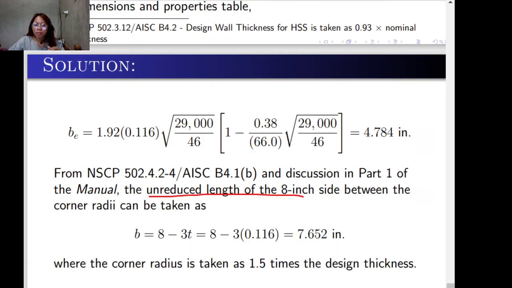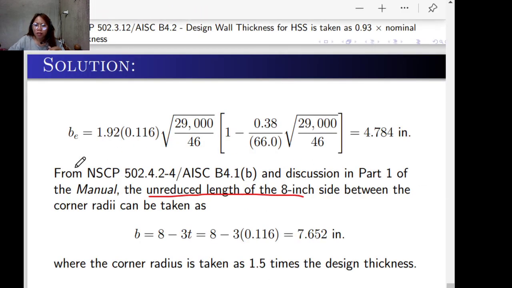So, from this NSCP 502.4.2-4, actually this is 3, 502.4.3. This should be 3.